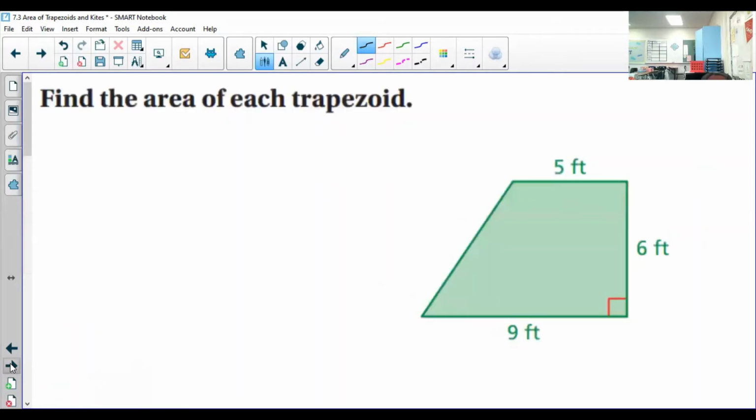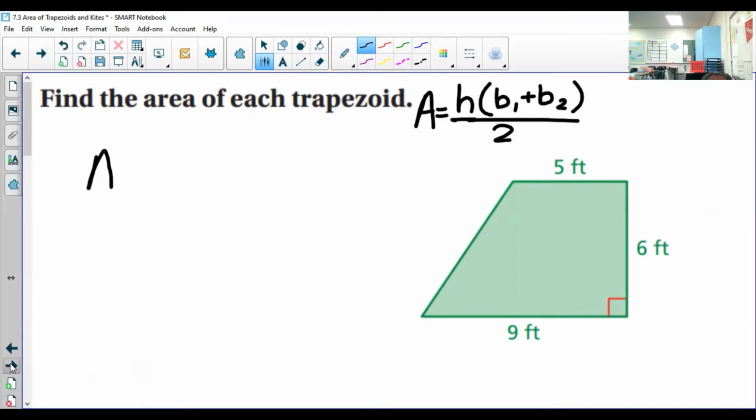First example, find the area of the trapezoid. So I'm going to put my formula up here. And then we're going to put all that over 2. All we have to do is plug in the numbers, right? The height of my trapezoid over here, the green one, is 6 feet.